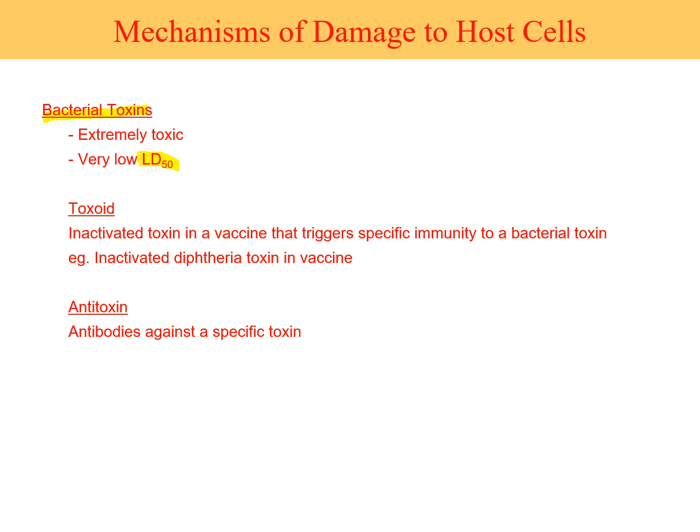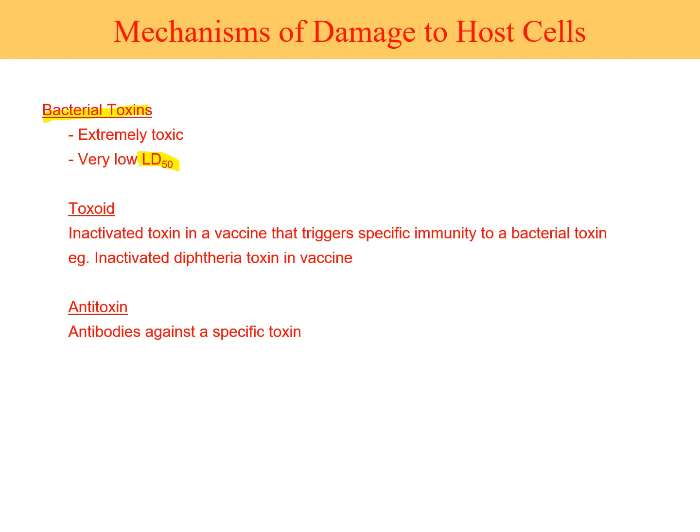They don't stop you from actually getting infected with the organism, but they will block the organism's ability to cause damage to your cells. A good example would be the vaccine used for Corynebacterium diphtheriae, the organism that causes the disease diphtheria.